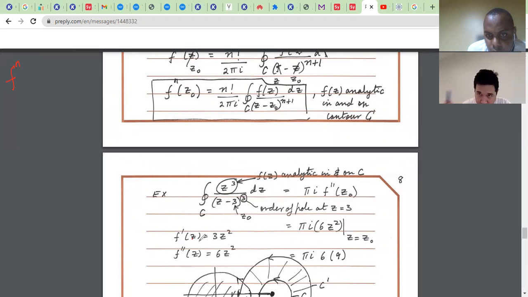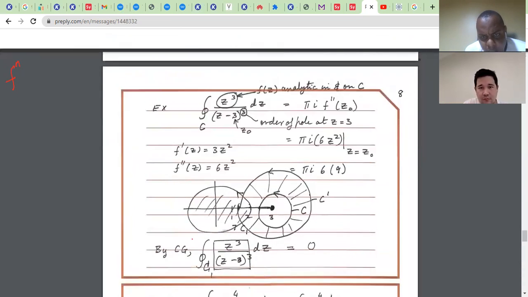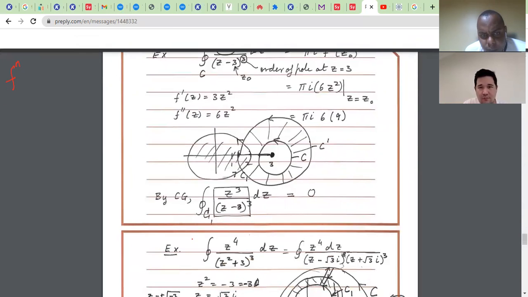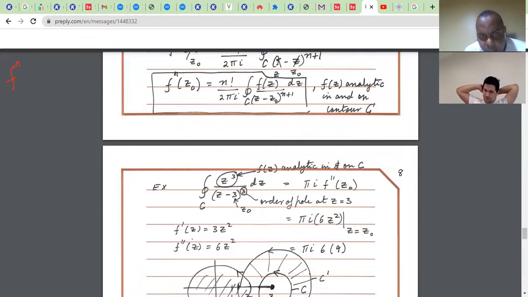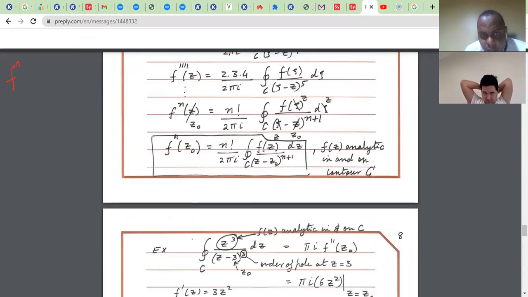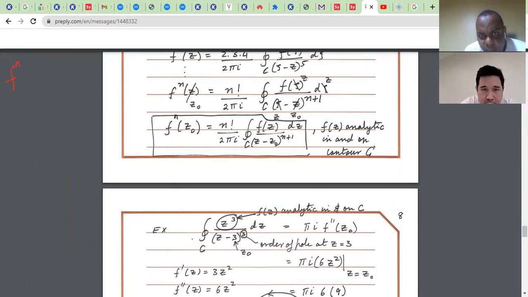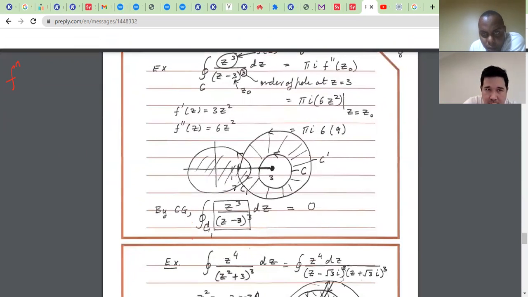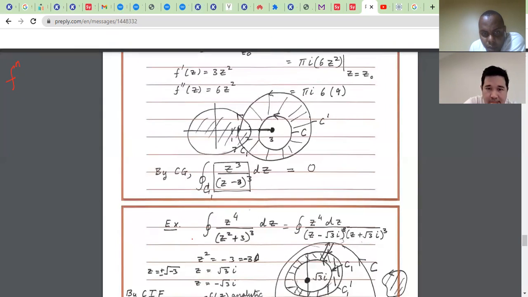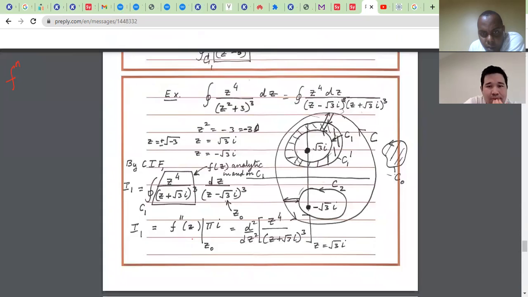Oh, I see. I don't even know what he wants us to find. So he has given us an integral there. So f double prime of z naught equals that.